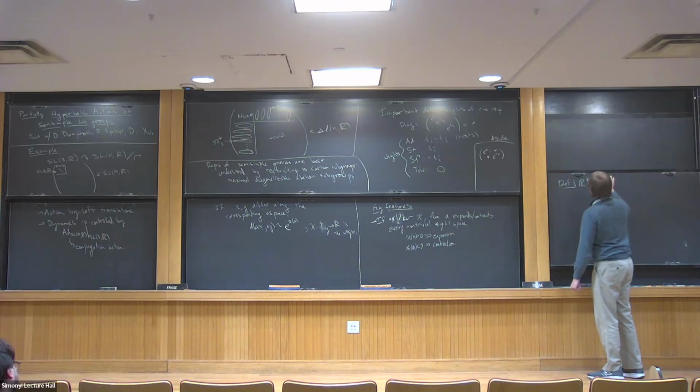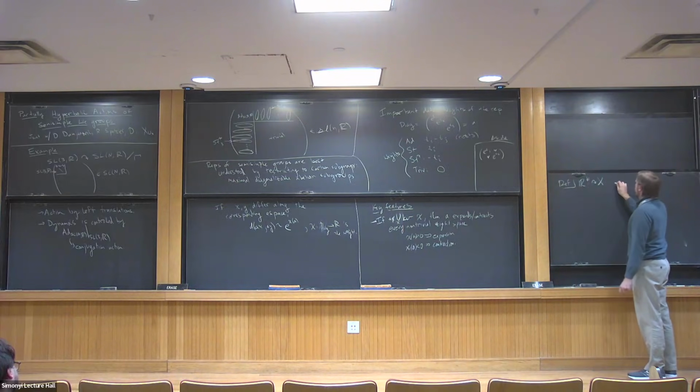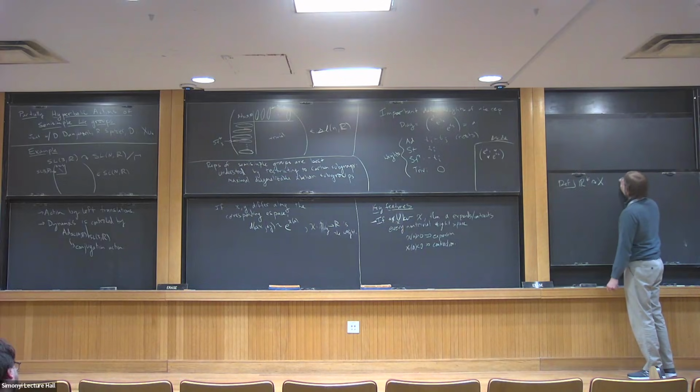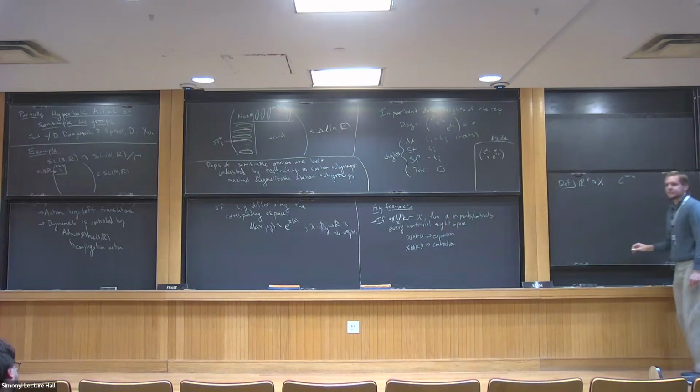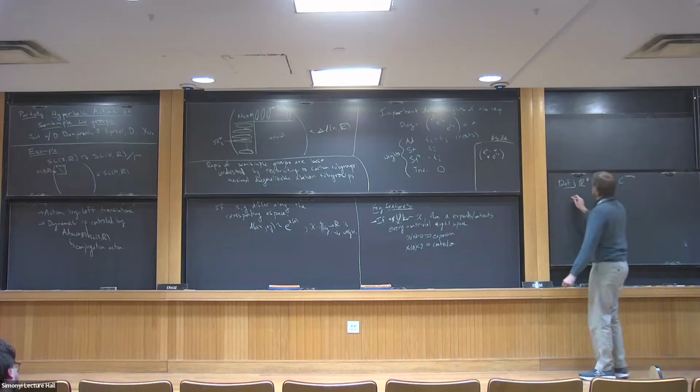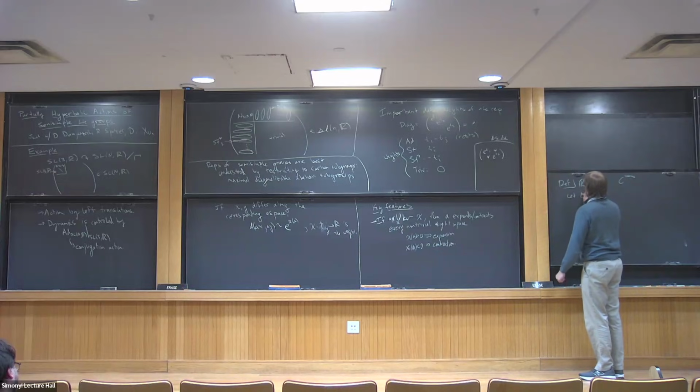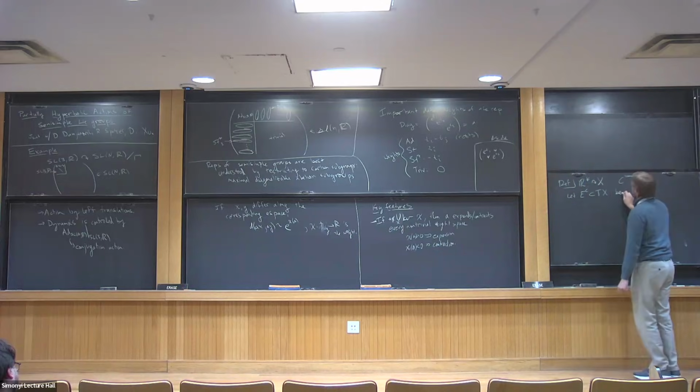So let's say that I have an R^k action on a manifold X, which is C infinity. That's the category I want to work in. I'm going to fix the distribution.